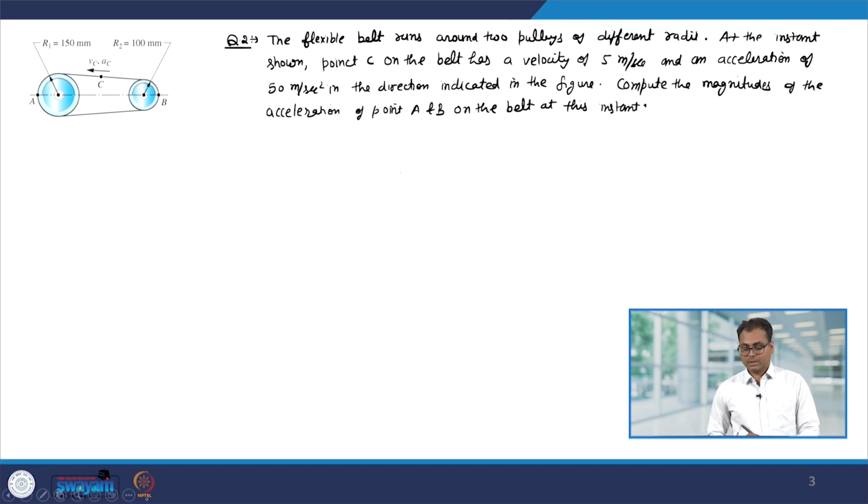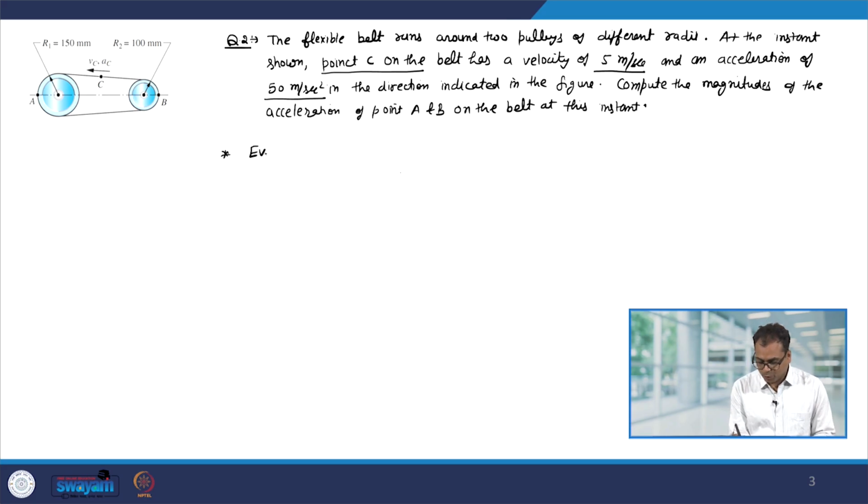Now, in this question it is given that point C on the belt has a velocity of 5 meter per second and an acceleration of 50 meter per second square. Therefore, the tangential components of the velocity and acceleration will be 5 and 50 throughout the belt. So, every point on the belt has the same speed.